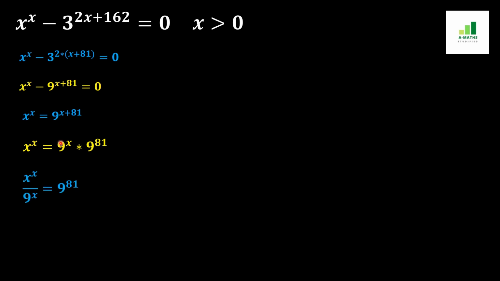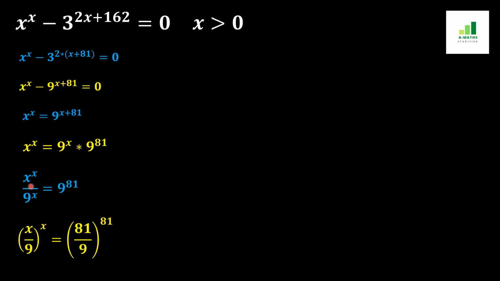Now in the next step, this 9 to the power x, which is in multiplication with 9 to the power 81, will go to the other side of the equation and divide with x to the power x, and we will get x to the power x over 9 to the power x is equal to 9 to the power 81. Now we can write this expression as x over 9 to the power x.